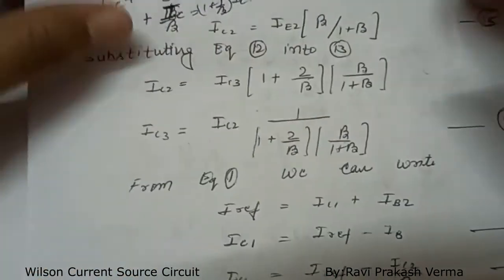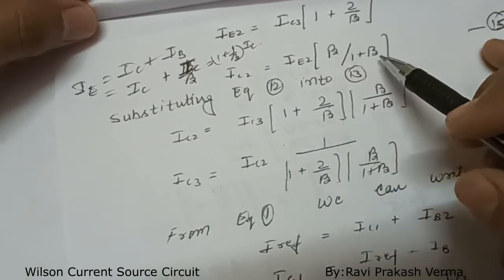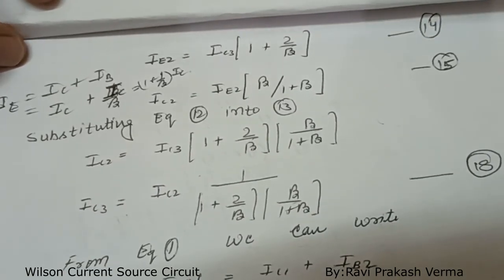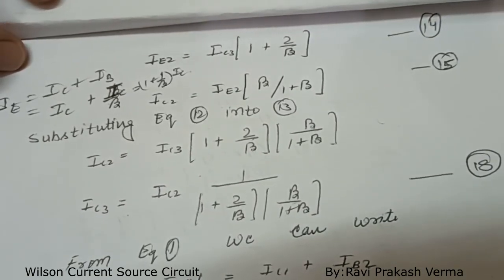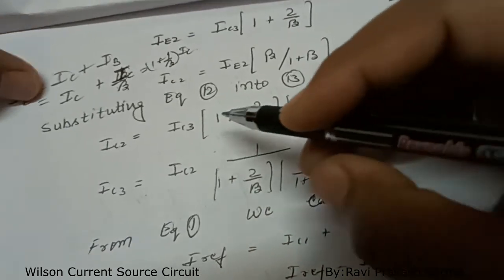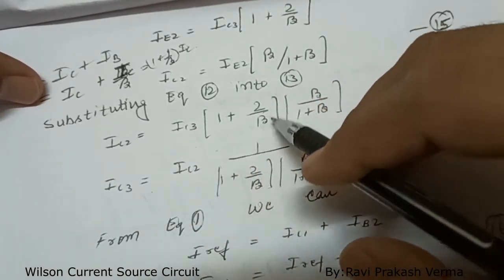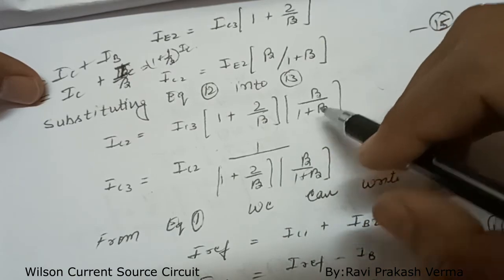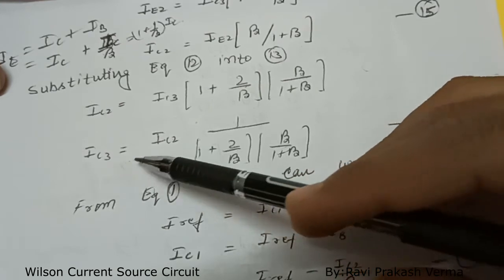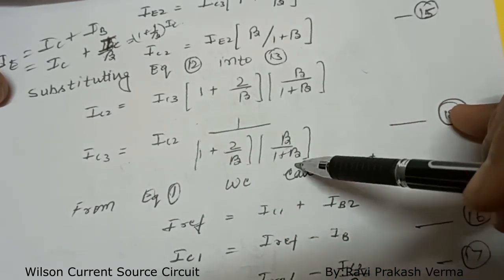Similarly, for the Q2 transistor, IC2 is equal to IE2 in brackets beta upon 1 plus beta. Now by putting the value of equation number 14 into equation number 15, we can write IC2 is equal to IC3 into 1 plus 2 by beta, in brackets beta upon 1 plus beta. Then cross multiplying, we get IC3 is equal to IC2 times 1 by 1 plus 2 by beta, in brackets beta upon 1 plus beta.